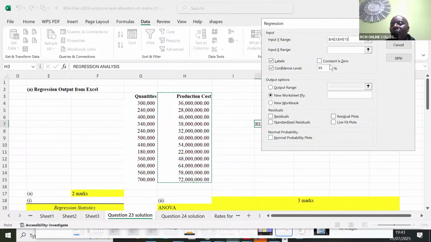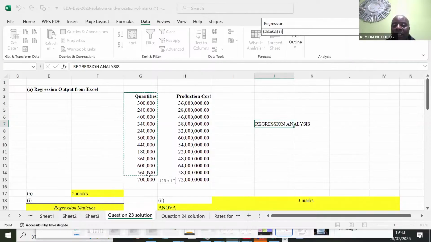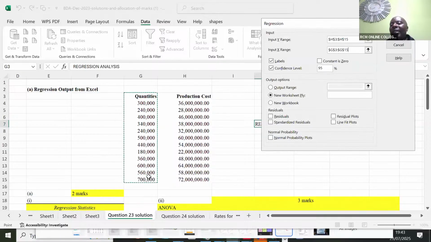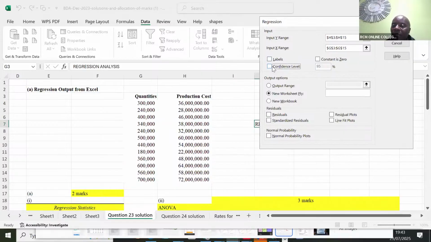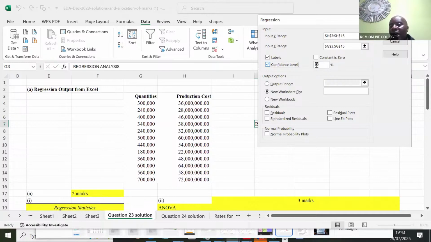Then you come to input range. You move down like that. Once you do that, don't forget to tick labels because this is not ticked. So always remember to tick labels. Also tick confidence interval. So you can see they have the 95% confidence interval. And then you say okay.